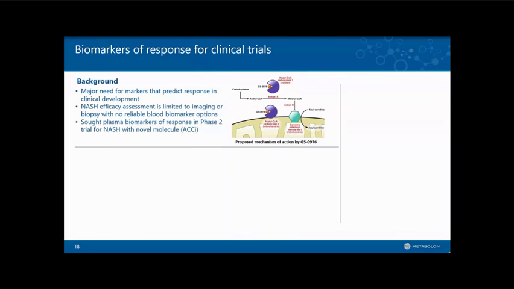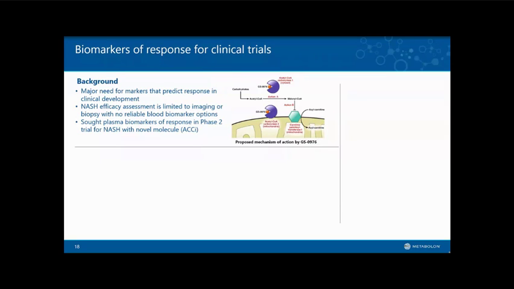This goes essentially across indication areas. This happens to be a particularly high need area, NASH, or non-alcoholic steatohepatitis, where the circulating or blood-based biomarkers are very limiting, and biopsy and imaging as a powerful adjunct are really the staples.